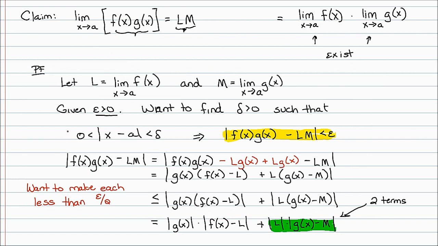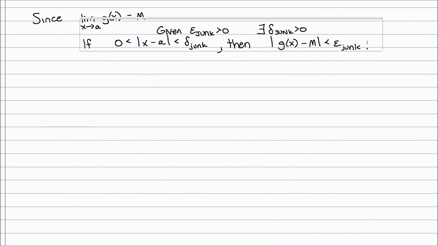So somebody came along and said, here's an epsilon. Well, I know, because this limit exists, that given any epsilon, I can find a delta that will make the statement true. So let's create an epsilon here based on the epsilon we were given.